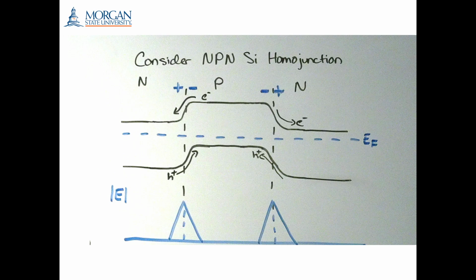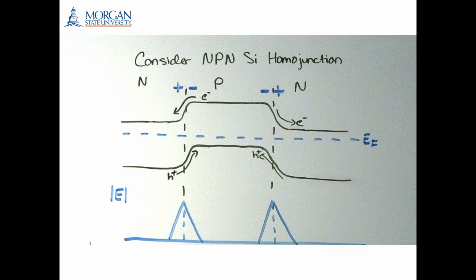Remember that in the flat band regions, it means that there's no buildup of charge. That's why they call it the flat band region. There's no band bending there. And then you can see that the electric field ends up being the derivative of my energy.